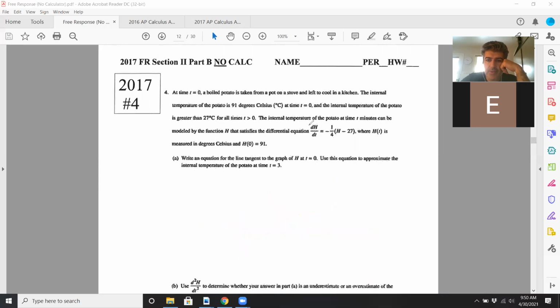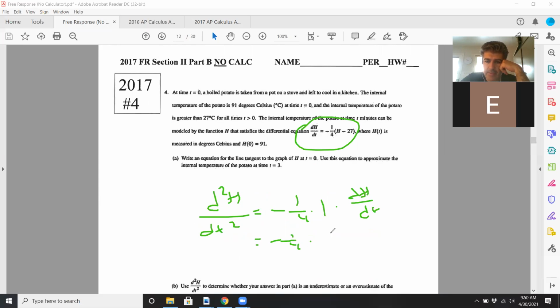So if I do the second derivative of this, d2h over dt squared, or h double prime, it's going to be -1/4 times 1, because the derivative of h minus 27 is 1, but then times dh dt, because it's implicit differentiation. So it's -1/4, and you bring the dh dt back into the mix, which of course is 1/16 times h minus 27. And they're telling us that we have to do this for h greater than 27.